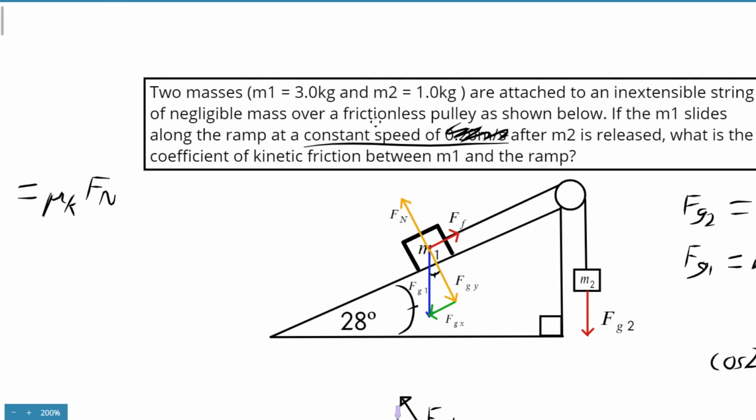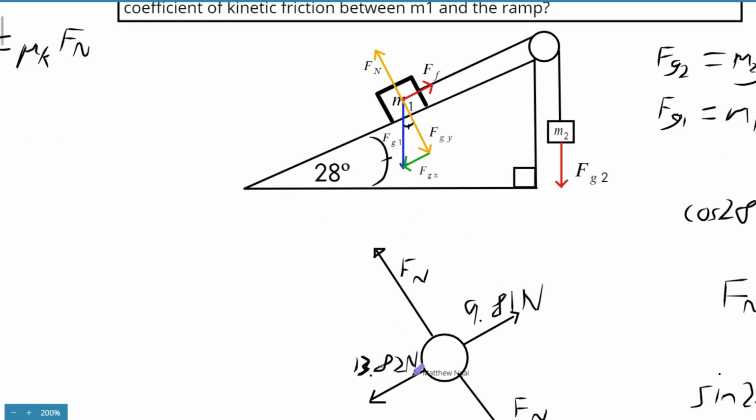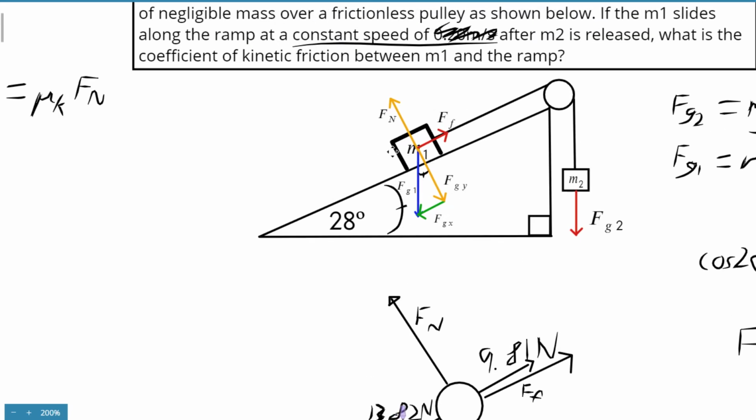But we know that's not true because it has a constant speed. So there's another force balancing out the 13.82, and that is the friction force, because it's going in the opposite direction of the motion.